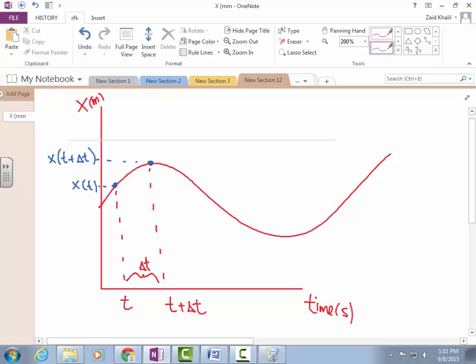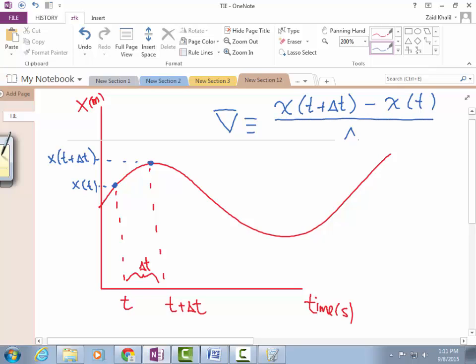Slope is rise over run. So the average velocity is defined as the change in position, the final minus the initial, divided by the change in time. And the change in time is delta t.